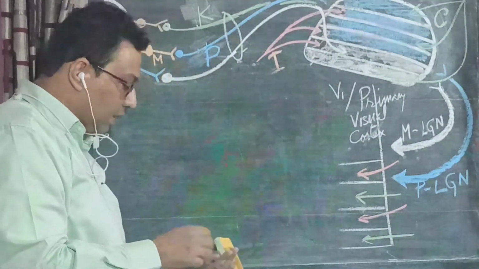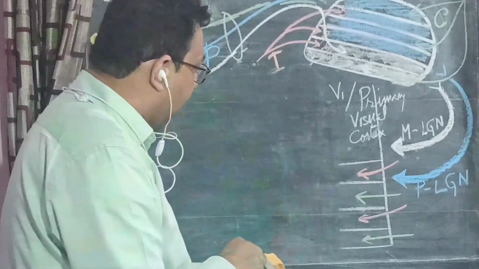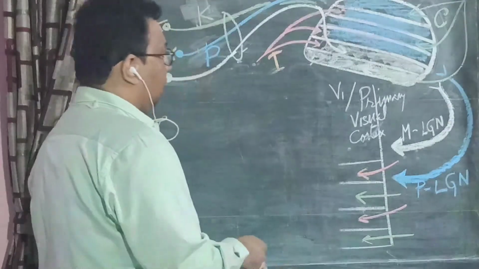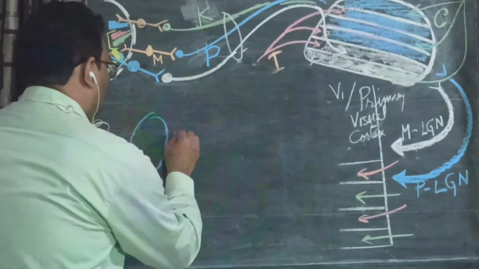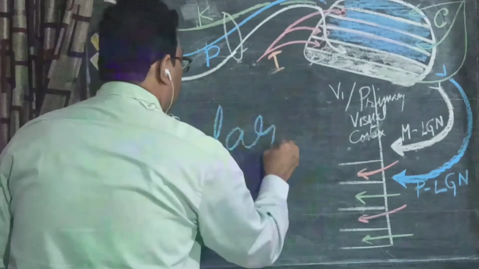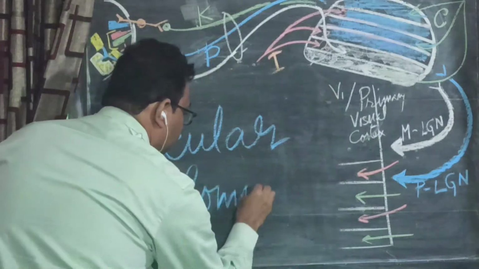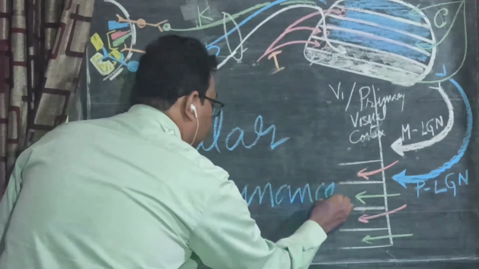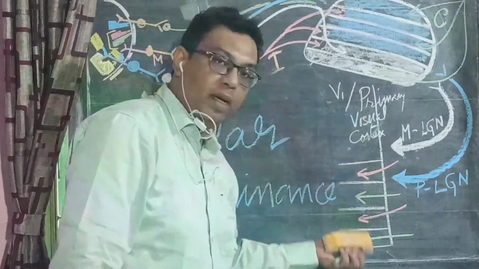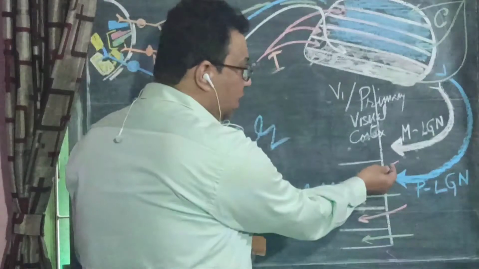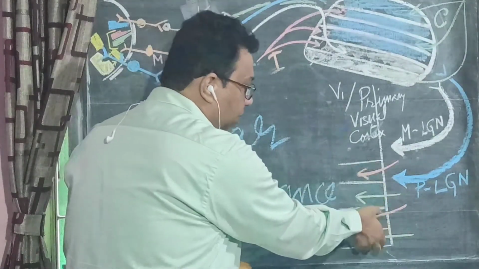Now the primary visual cortex is interestingly divided in many ways. The first division that we can appreciate is ocular dominance. It means that the primary visual cortex is seen to have ipsilateral and contralateral strips.